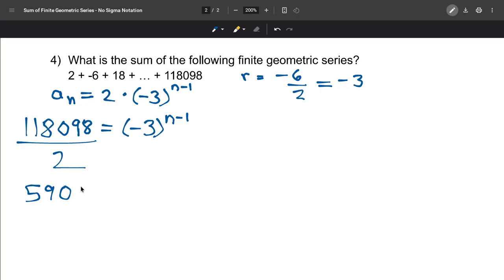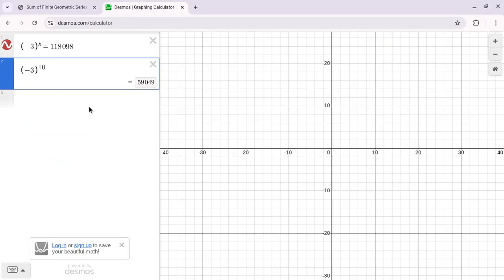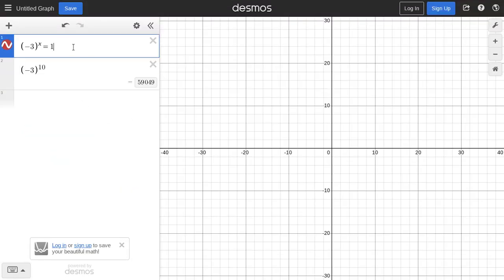Let's pretend. All right, so you notice here I didn't write the 2. I essentially had the 2 in front here and I had to divide. I was trying to skip steps. So that's going to equal -3 to the n minus 1 power. Now, if I did 59,049, you'll see, even though I'm zoomed out, it's not really showing me it.